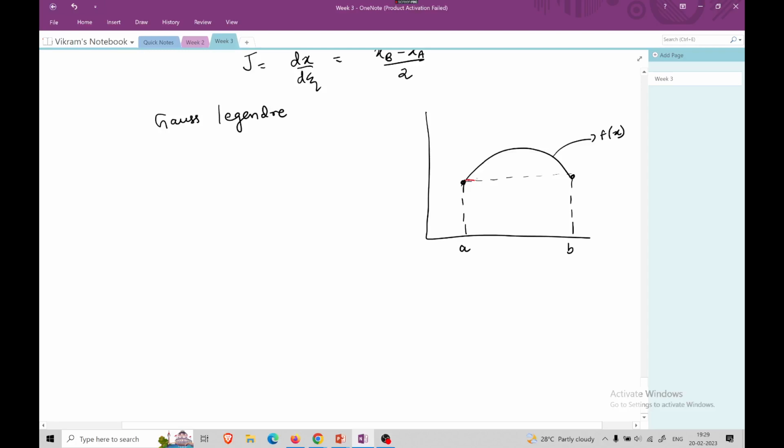Let me draw this in red color. This one is trapezoidal, since it is a linear interpolation.